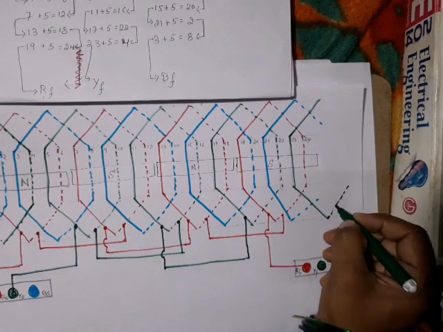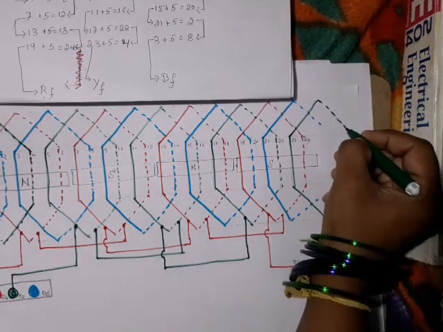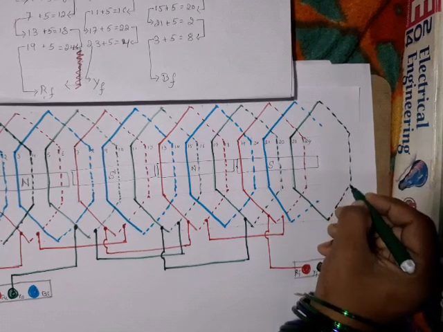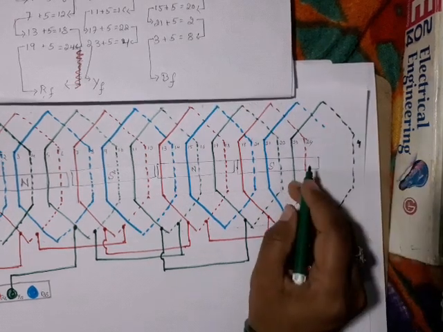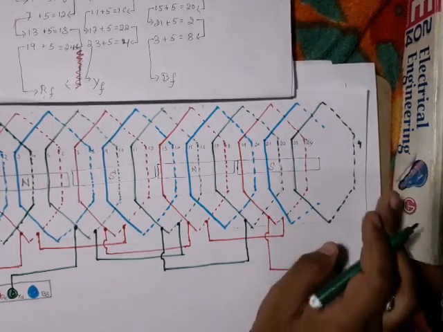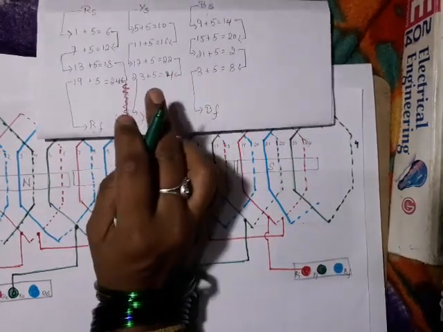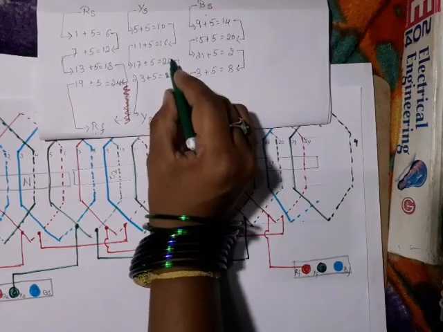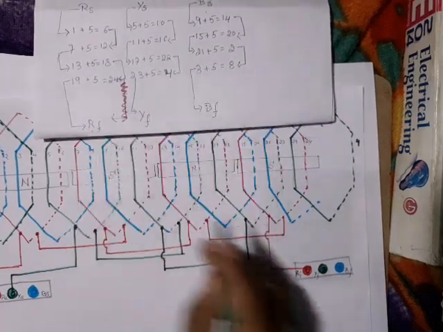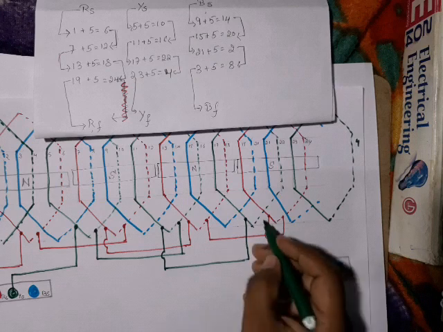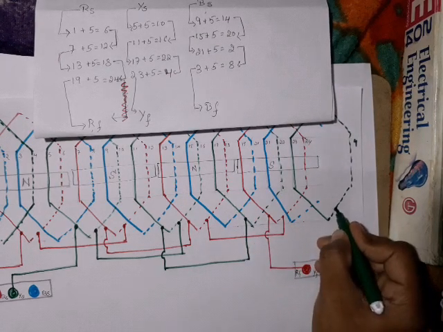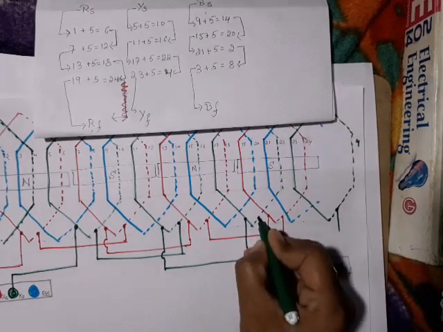If you extend this one, this is nothing but your coil number 4, because 23 is connected to 4. You can see 23 is connected to 4. So coil number 22, you can connect it to 4 here itself.